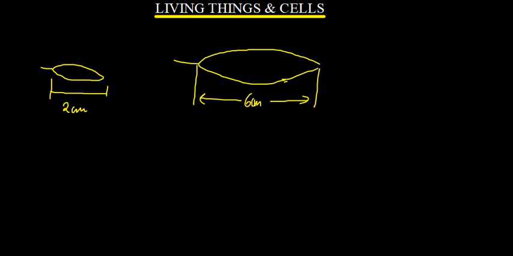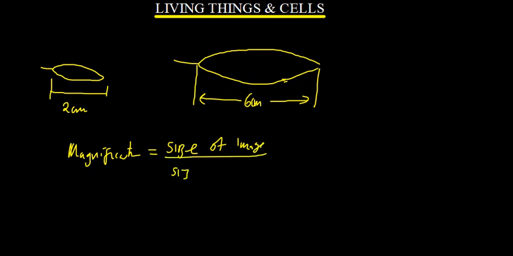So you can calculate magnification, and magnification is given as the size of the image divided by the size of the object. The image is that thing that you always see on the microscope, and here we are seeing 6 centimeters. The object is that thing that you actually had at the beginning.